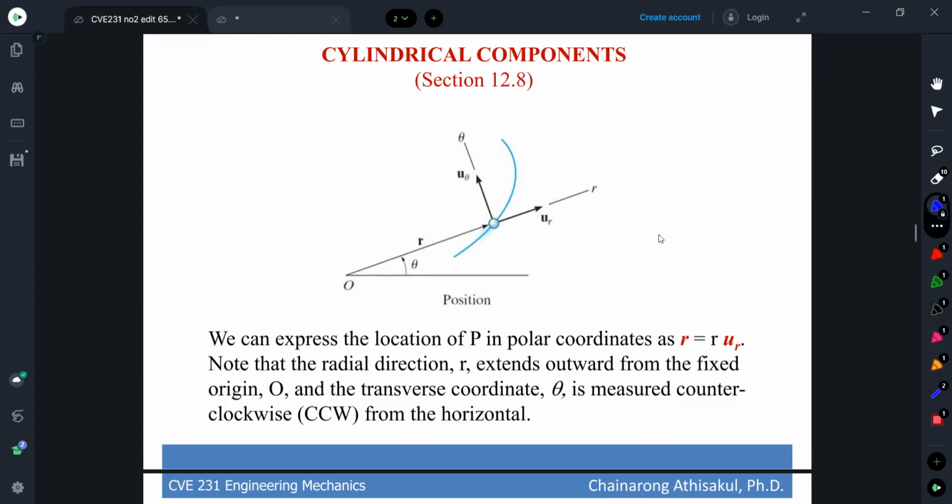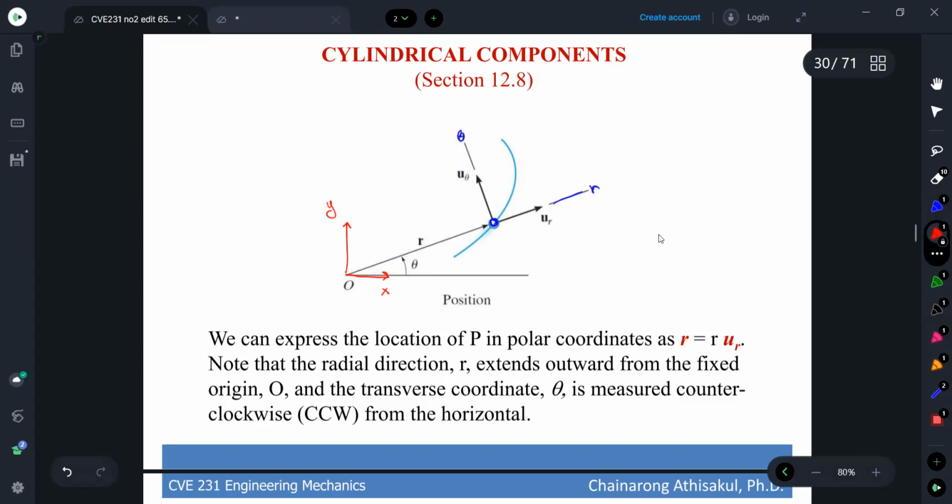we have the particle at this point, the blue point, and this point can be defined by polar coordinates r and theta instead of x and y.